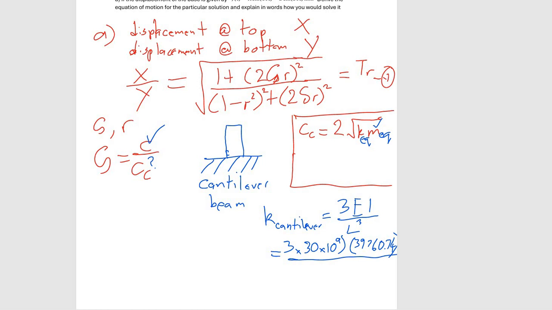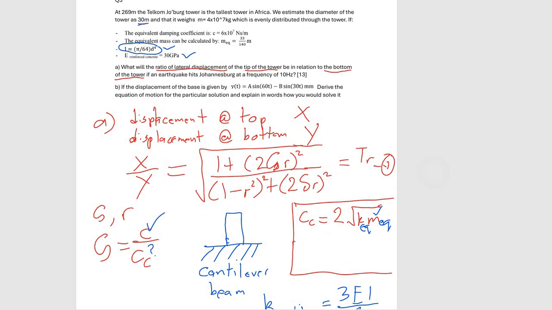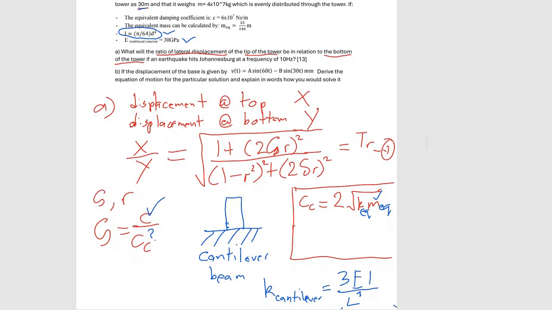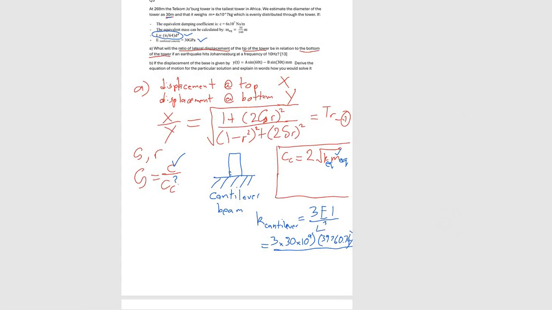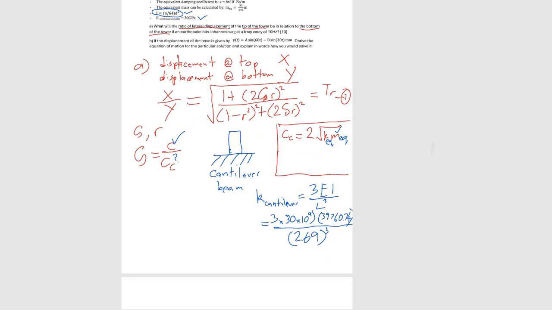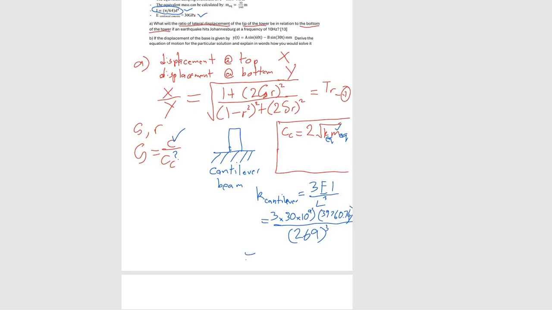Remember the length of the building, which was given in this case as 269. Let me zoom out so that you can follow as I write here. So 269 cubed. Now we get our K value.